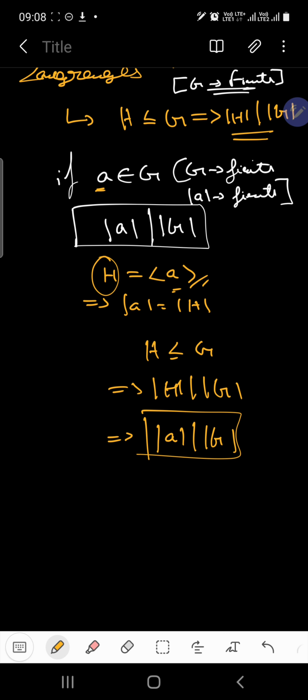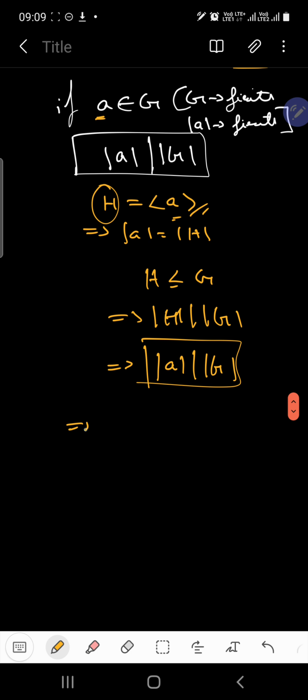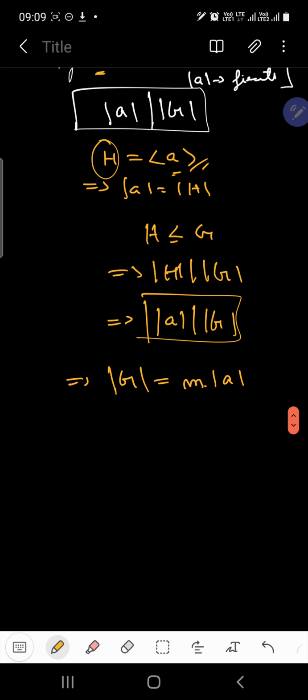From here we can write that the order of G is equal to m times the order of A. Now if we raise both sides to the power A, we get A to the power order of G equals A to the power order of A times m.